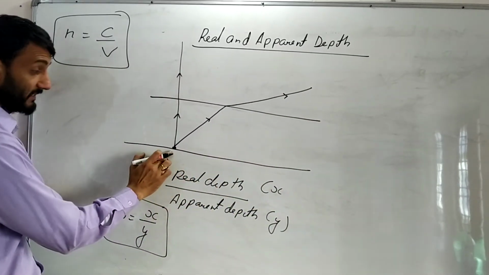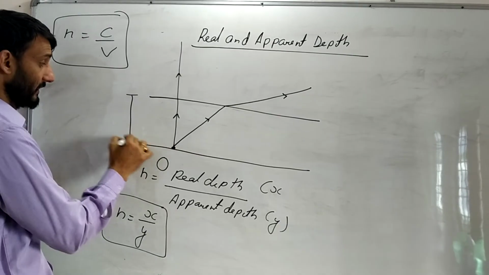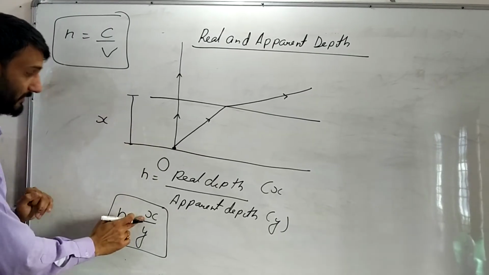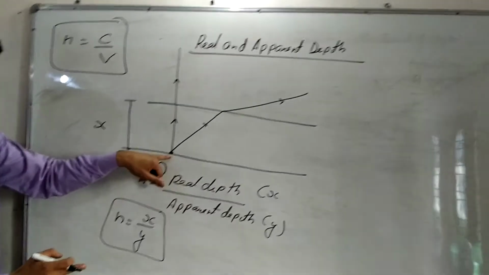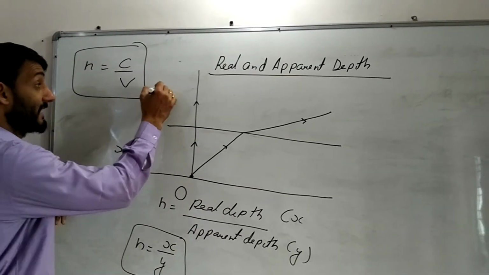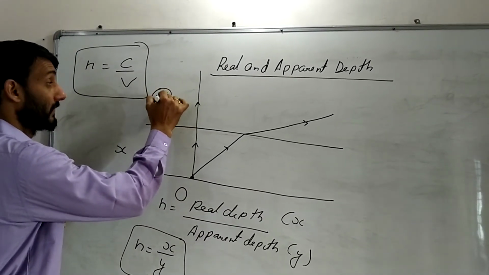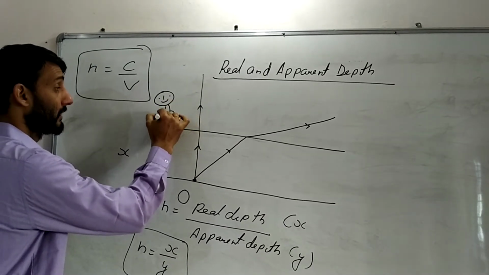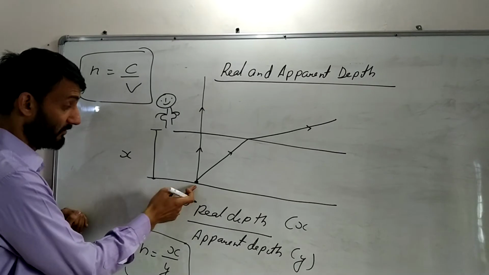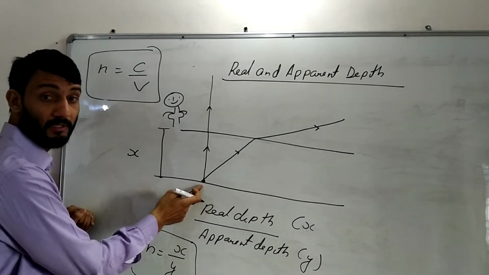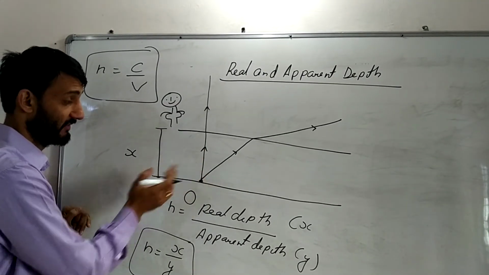So actually the object is here. This is the real depth, x, where the object is actually situated. But when we are standing here, we won't be able to see it here. We will see it somewhere above it.